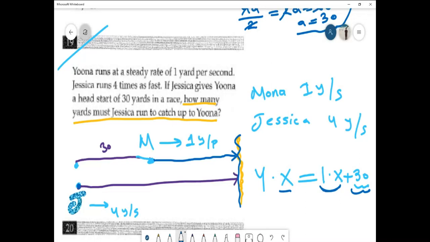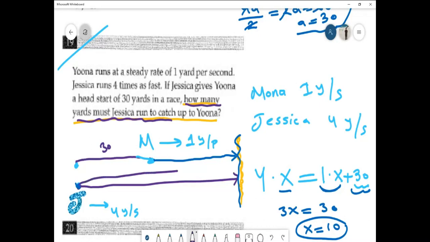So after x seconds, each second Jessica is running 4 yards, so I multiply by x, the number of seconds. After x seconds, they will reach this point where they are at the same spot. Mona is running at a speed of 1 yard per second, so I multiply x, the number of seconds passed, times 1, plus 30, because at time equals 0 we had 30 yards as head start.